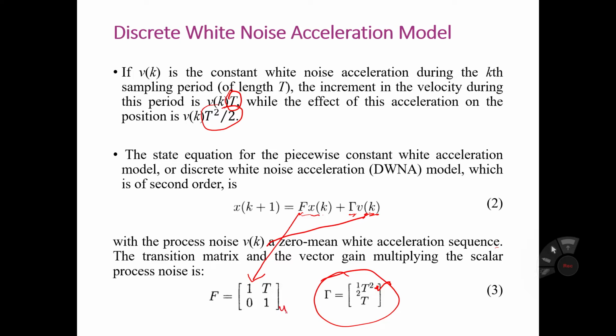This has the 2 by 2 identity matrix, and this is the 2 by 2 zero matrix, and this is T times the identity matrix.